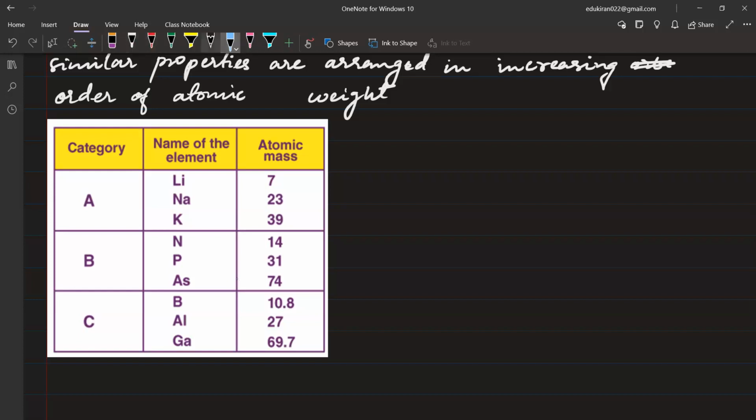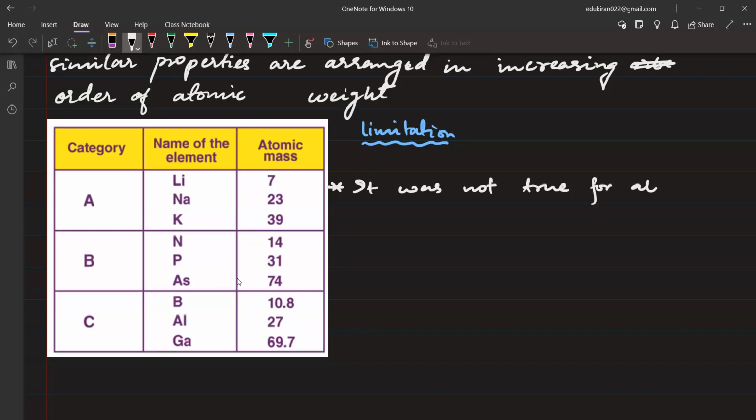After that, but this also had some limitations or drawbacks. The drawback of this triad was that it was not applicable, or not true, for all existing known elements. Okay, so please write, it was not true for all existing elements.